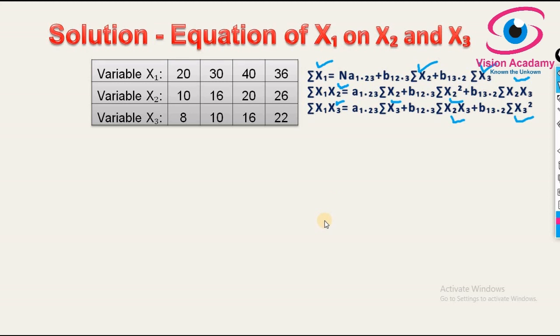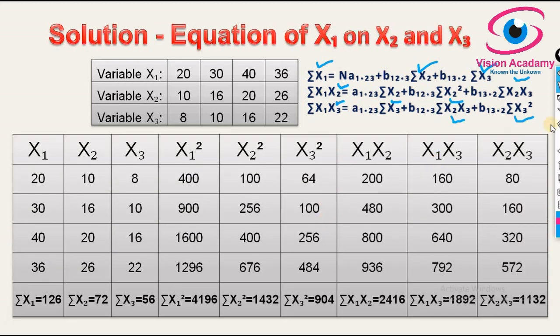Here I have directly calculated those values. I cannot calculate them one by one in this lecture because it takes a lot of time, so I will explain how I calculated them. Here I have inserted variable 1, variable 2, and variable 3. x1 is the dependent variable here, and I have taken the total of it, so summation x1 is 126.